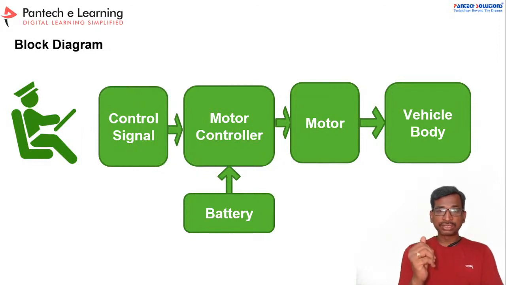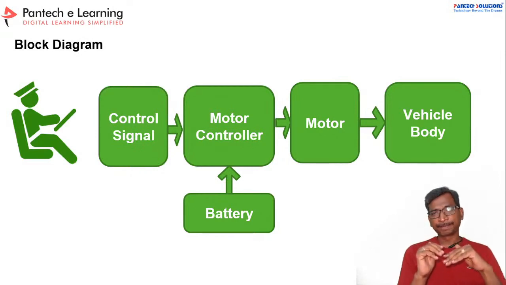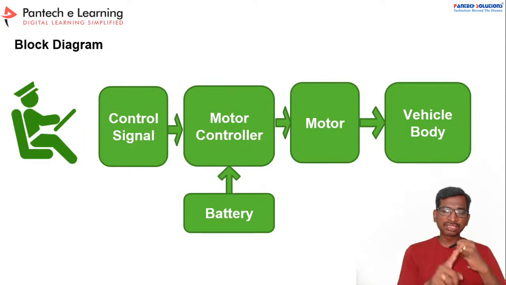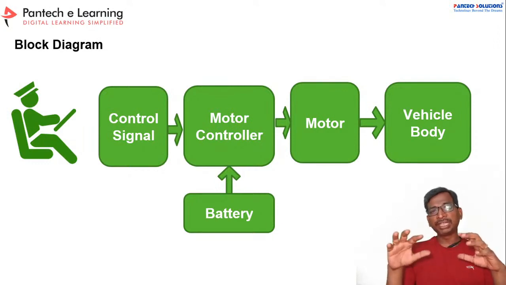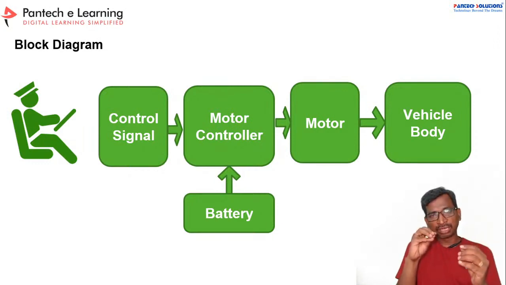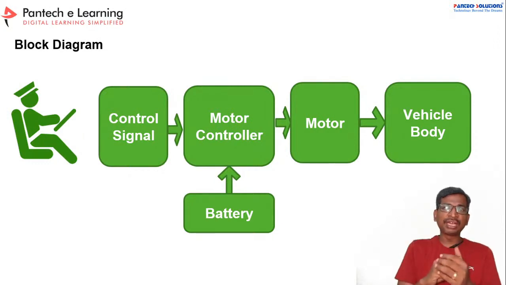And control signal. So the control signal is nothing but the drive signal. Because actually the vehicle is not always a constant speed application. So what are the types of applications, like constant speed applications as well as variable speed applications? Our EV system comes under variable speed applications because we have to drive the vehicle in a very safe manner.